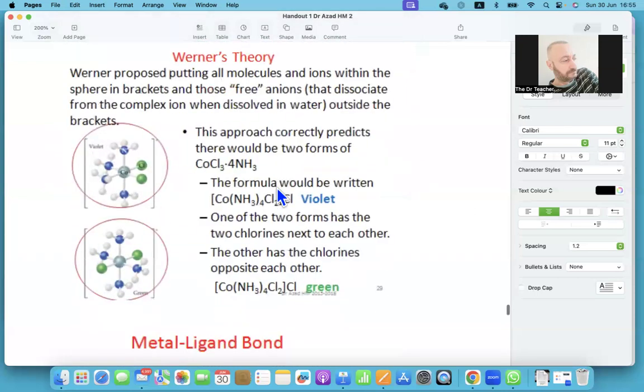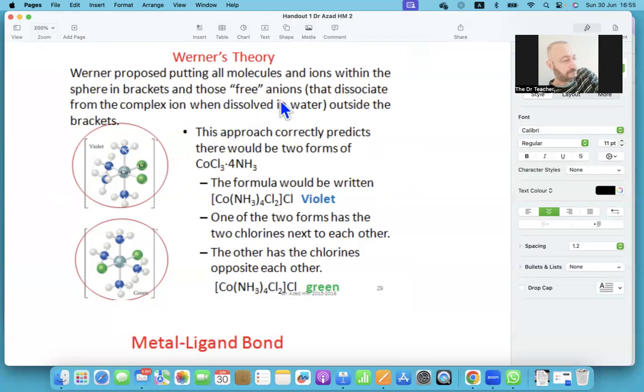So the Werner theory: Werner proposed putting all molecules and ions within the sphere in brackets. Don't forget this, in brackets, the big brackets. Once the coordinated sphere is formed, they put it inside the bracket.